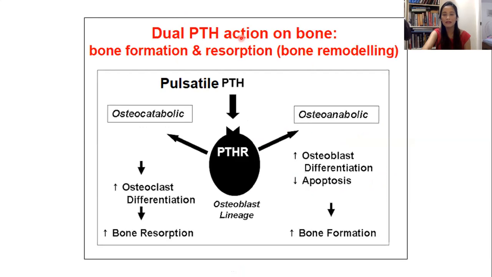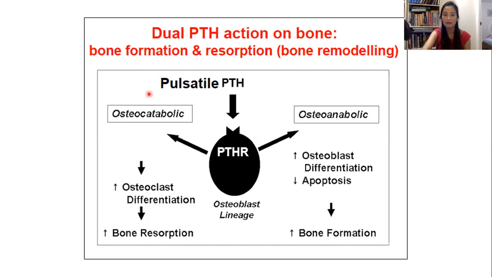So aside from what I mentioned earlier about the action of PTH on the bone, it's not just about bone resorption, but your PTH also has a dual action on the bone by promoting both bone formation and bone resorption, resulting in bone remodeling.